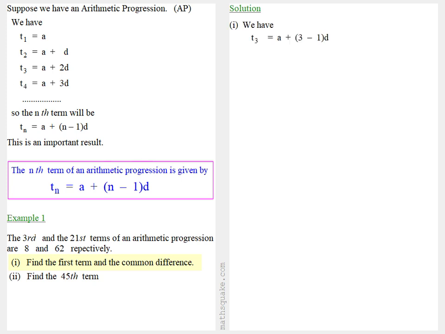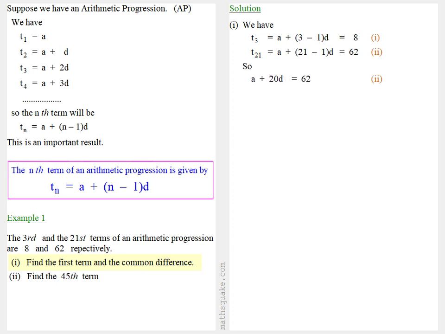So T3, which is A plus (3 minus 1) times D, is equal to 8. We also have the 21st term is equal to 62. So T21 is equal to A plus (21 minus 1) times D, and that's equal to 62.